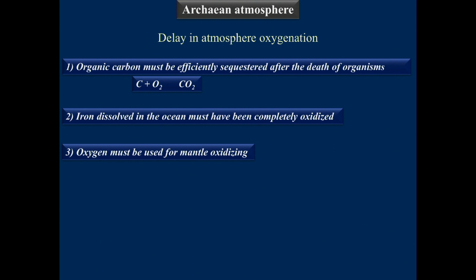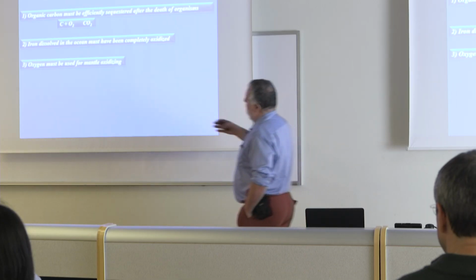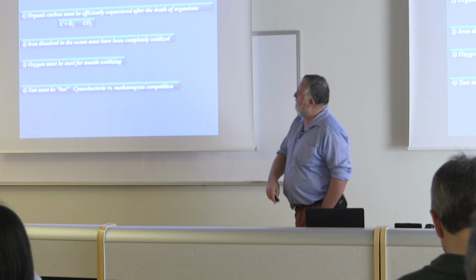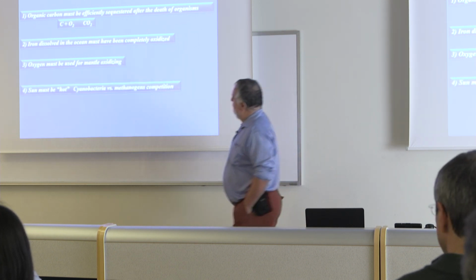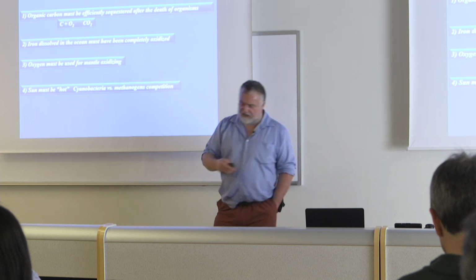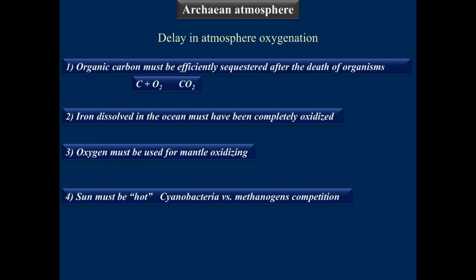Other authors propose that oxygen was used to oxidize the mantle. I think we can eliminate this assumption, because when we look at the degree of oxidation of Archaean basalt and modern basalt, the degree of oxidation is the same. So there is no evidence of reduced basalt composition in the Archaean. And others propose some kind of competition between cyanobacteria and methanogens. I don't know which is a good one, but there are a lot of hypotheses to explain the delay in atmosphere oxygenation.